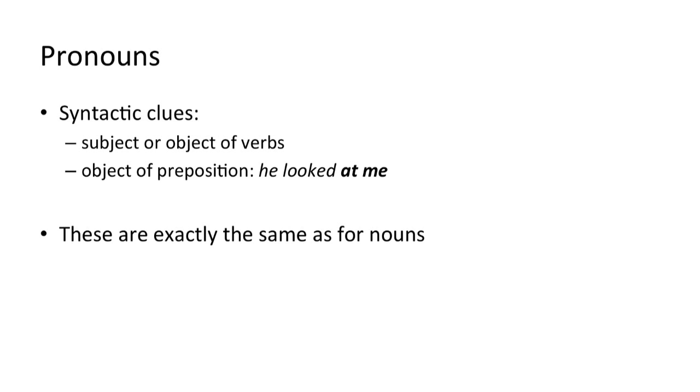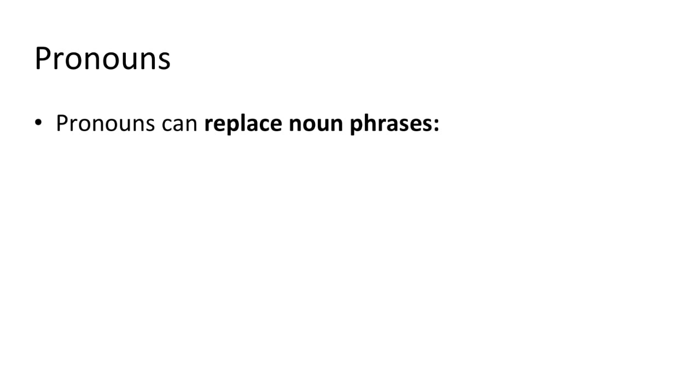And this points ahead to the syntactic clues. Pronouns can be subjects or objects of verbs, or they can be objects of prepositions, as in, he looked at me. Now you may remember that this is exactly the same things that we said nouns could do. And this is because pronouns can be used to replace noun phrases.